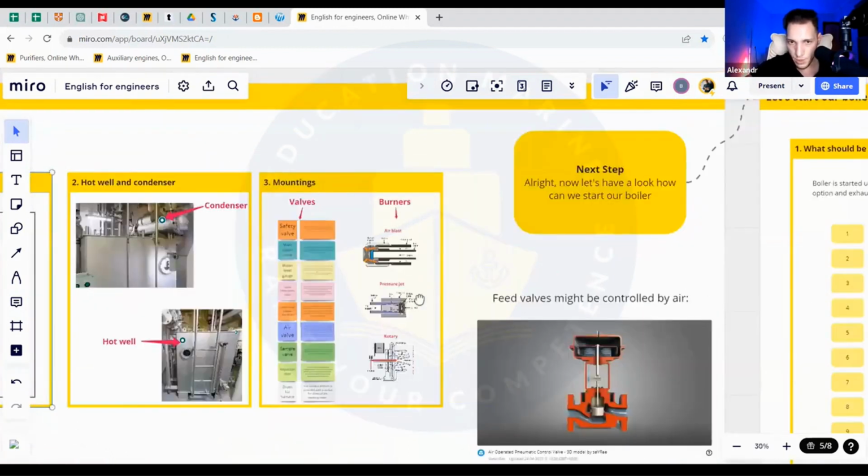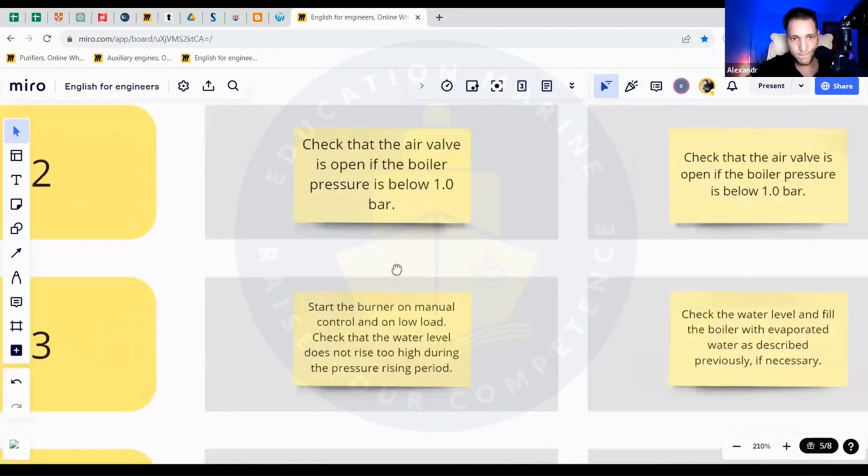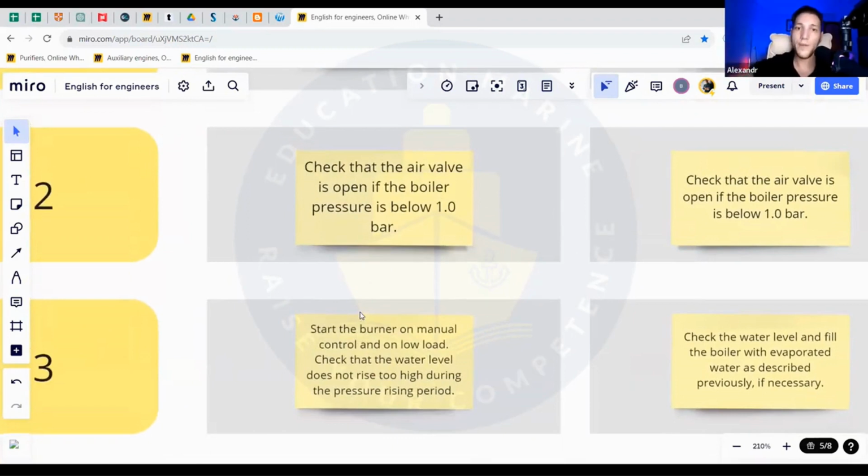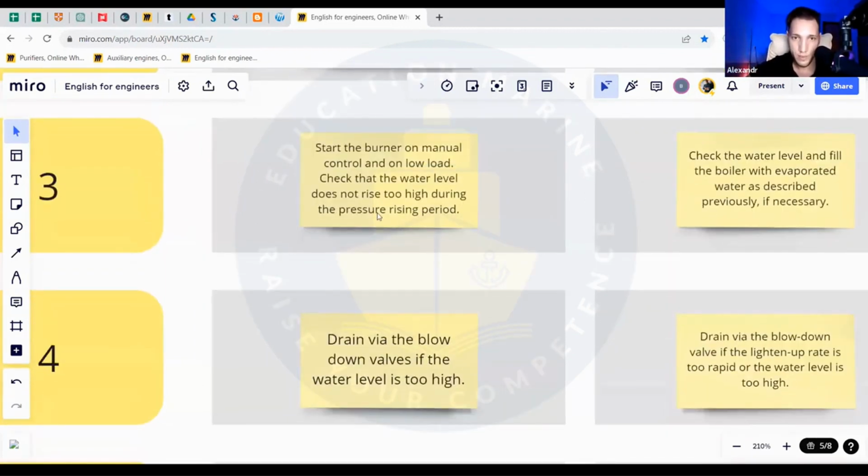Now, jumping back to here. We check that the air valve is open if the boiler pressure is below 1 bar. Then we start the burner on manual control on low load. We check that the water level does not rise too high during the pressure rising period.